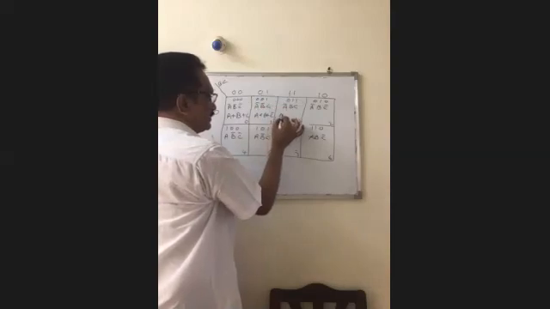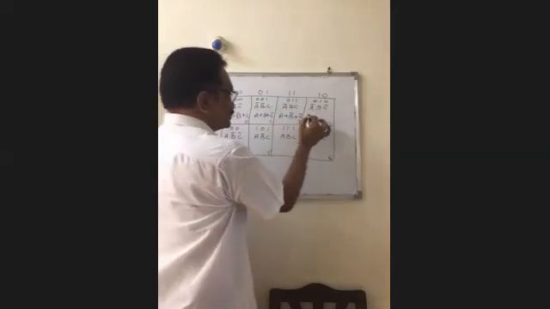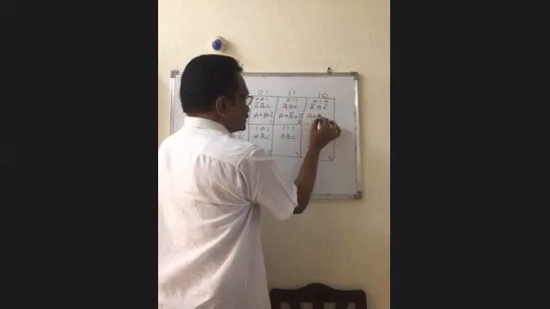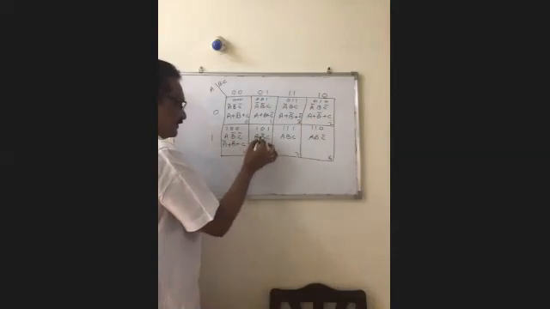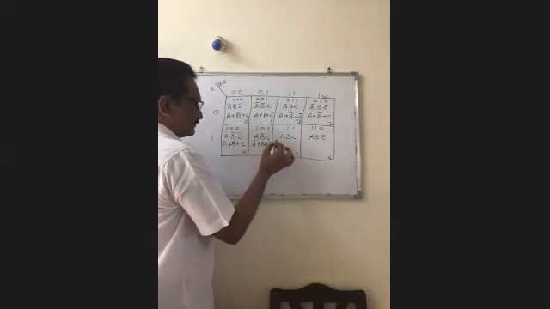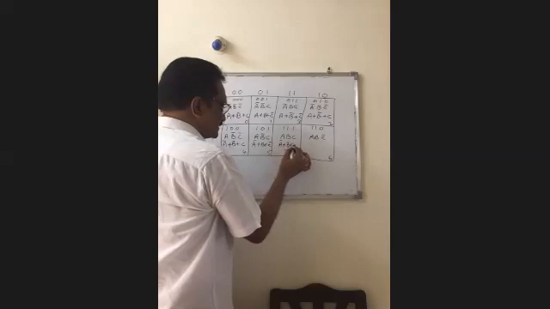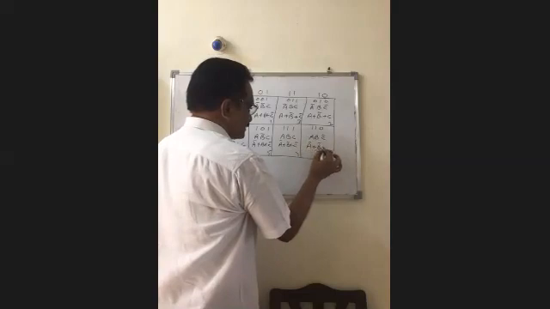For this one A plus B bar plus C bar. For this one A plus B bar plus C. For this one A bar plus B plus C. For this one A bar plus B plus C bar. For this one A bar plus B bar plus C bar. For this one A bar plus B bar plus C.